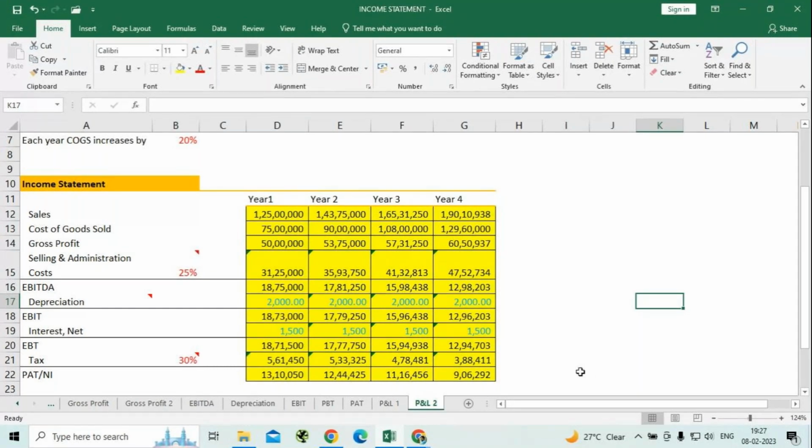So this is how it is going to be calculated with the income statement.